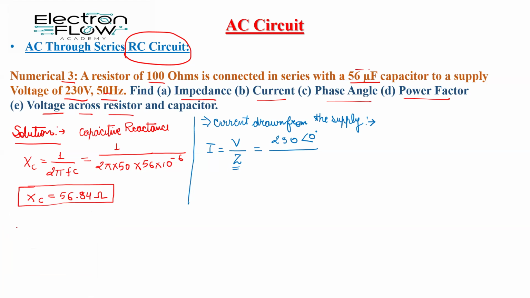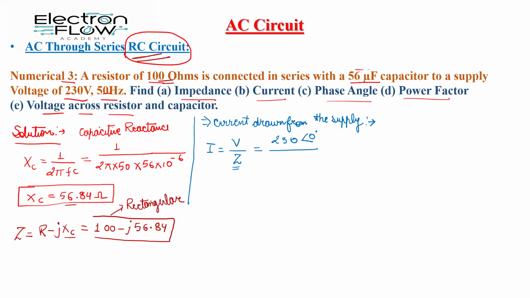How will we calculate the value of Z here? In the case of a series RC circuit, Z is equal to R minus j Xc. The value of the resistance is given to us, which is 100 ohm. So putting the values, 100 minus j times 56.84. This format is known as rectangular form.